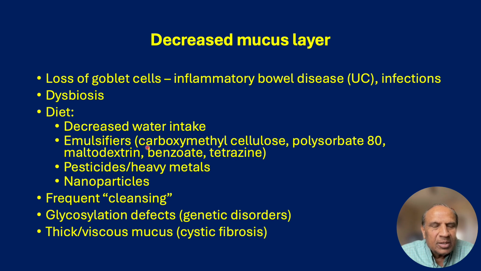These will make the mucus layer thin out, as they also dissolve this mucus. Use of pesticides or heavy metals in agricultural crops is going to affect the mucus layer. And recently it has been shown that nanoparticles from plastics can affect the mucus layer.